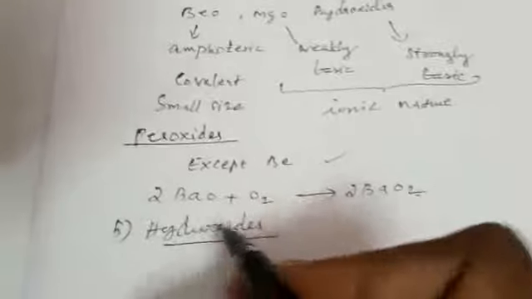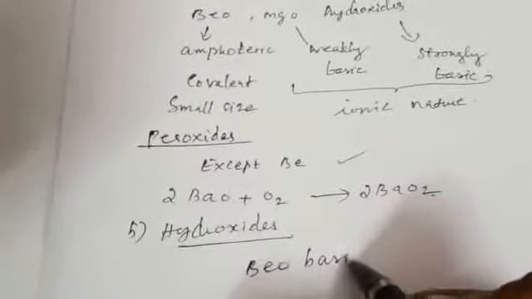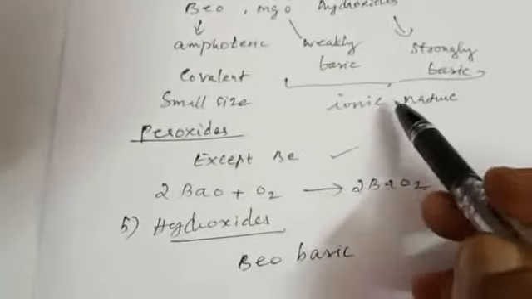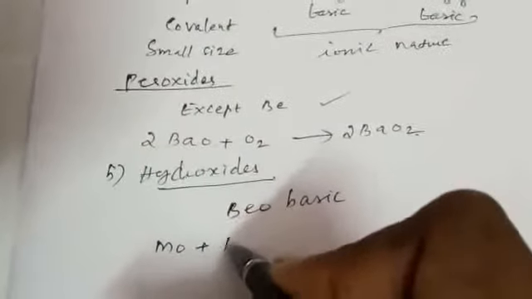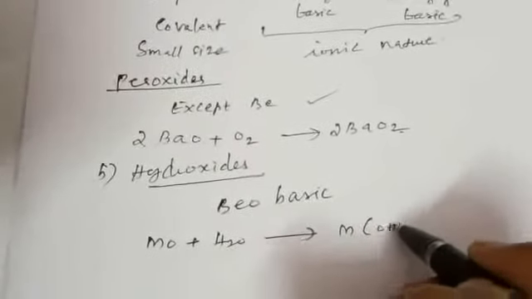All the oxides except beryllium oxide are basic in nature. Beryllium oxide is amphoteric, and the remaining are ionic in nature. Example: metal oxide plus water on hydrolysis gives metal M(OH)2.